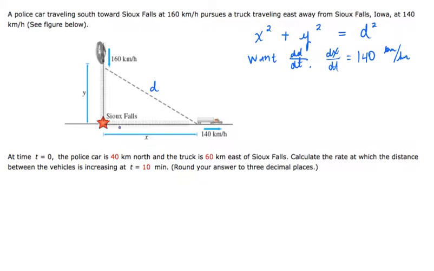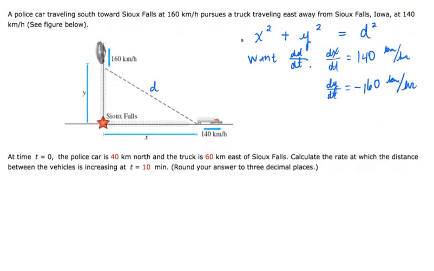And we know that dx/dt is positive because as this truck drives, x increases. This distance becomes greater. We also know dy/dt, the rate at which y is changing. The police car is going at 160 kilometers per hour. However, as the police car gets closer and closer to Sioux Falls, y is decreasing. Therefore, dy/dt is negative.